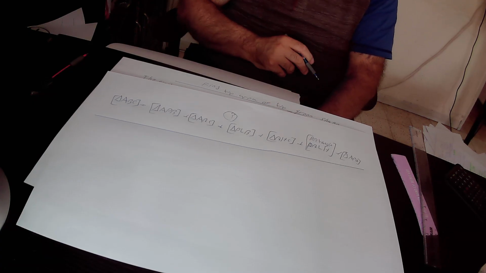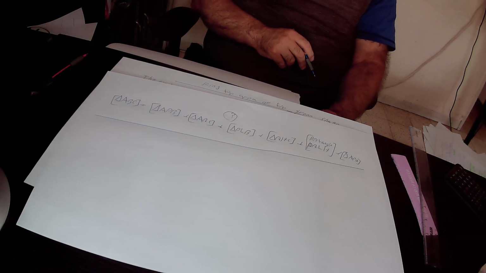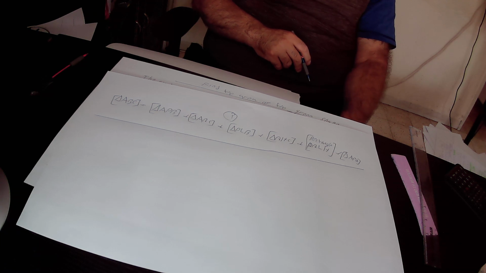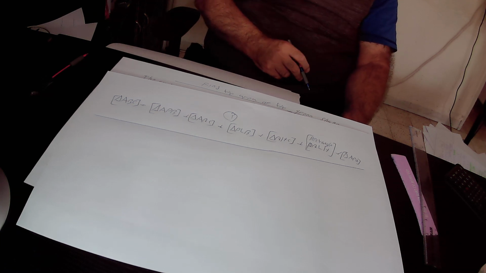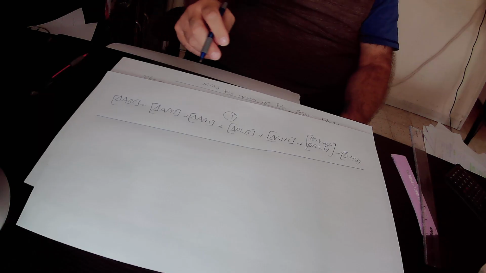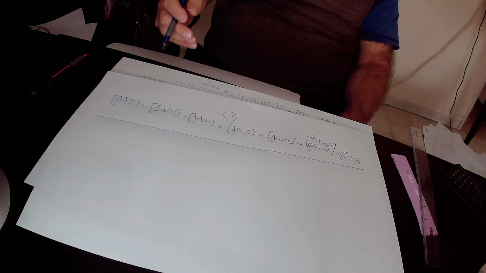So we find out the area of each shape separately, and then we add the six areas together, and this will be the area of triangle ABC.